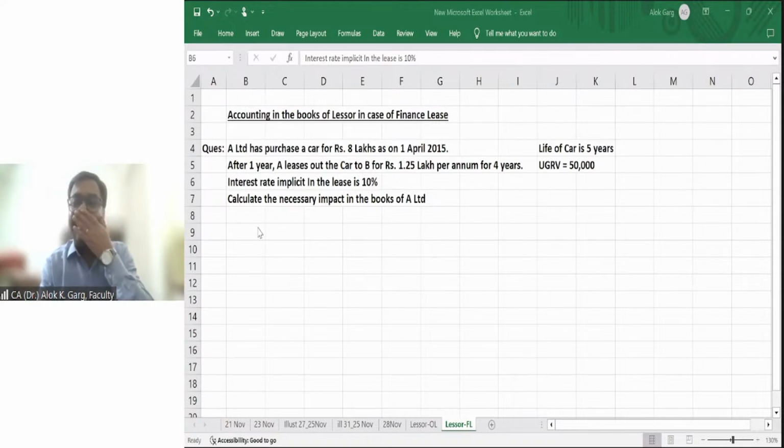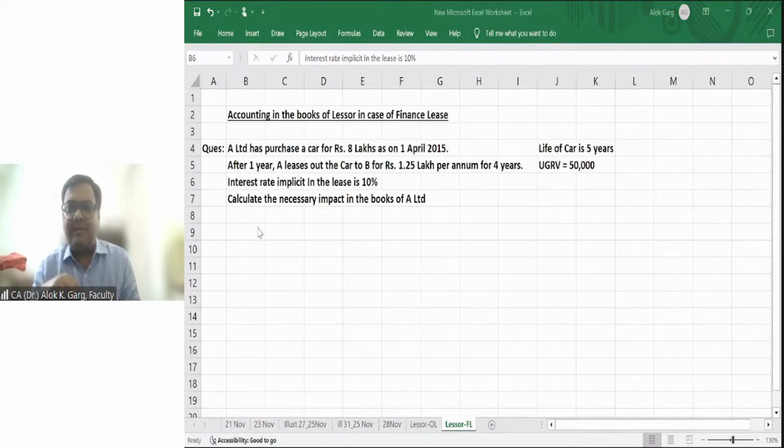If I have a car and I am giving you this asset for the entire lifetime, it is just like a sale. Whatever the fair value of the asset is, I will be recovering this value by way of the lease rental.